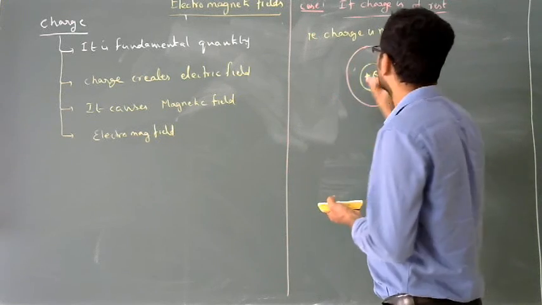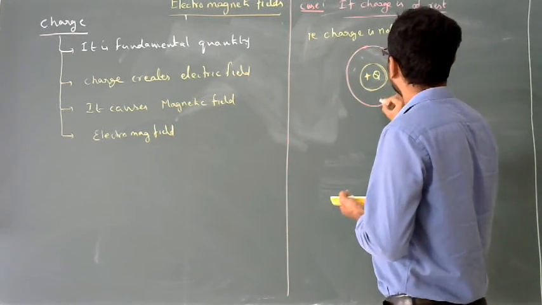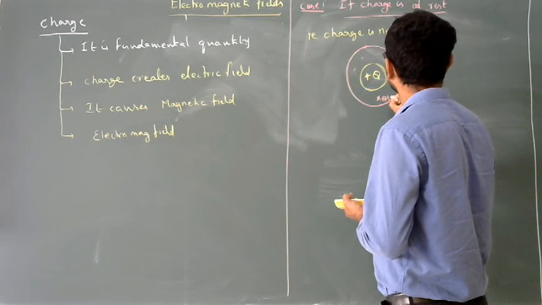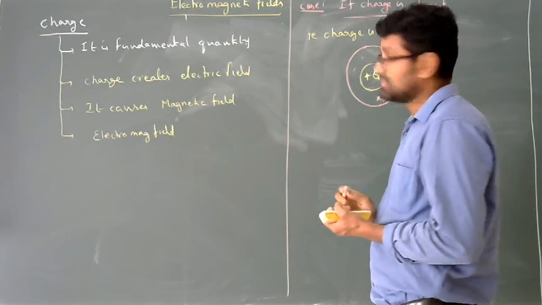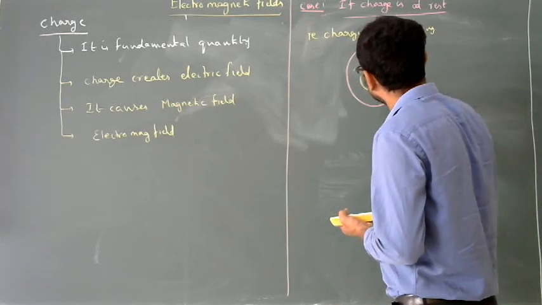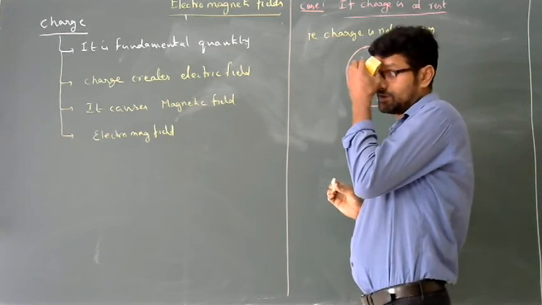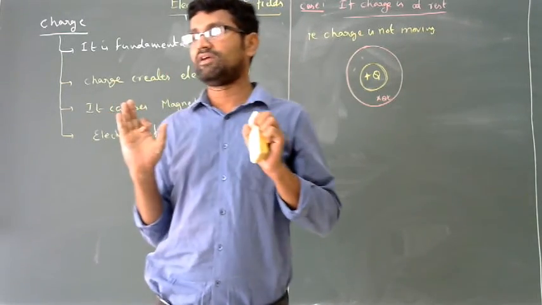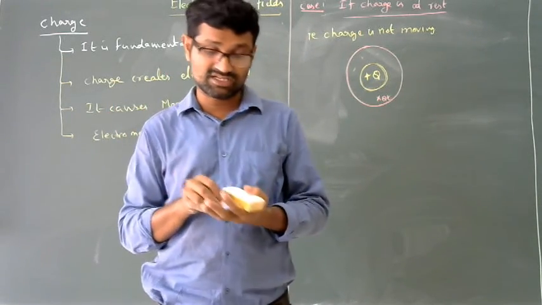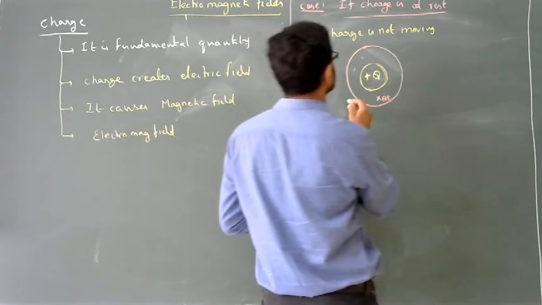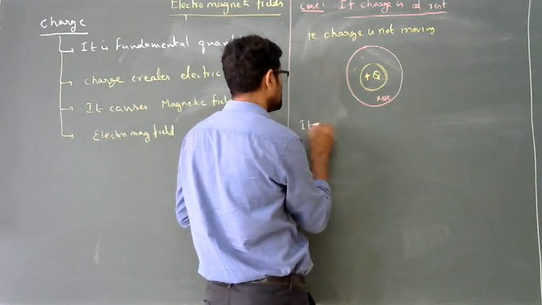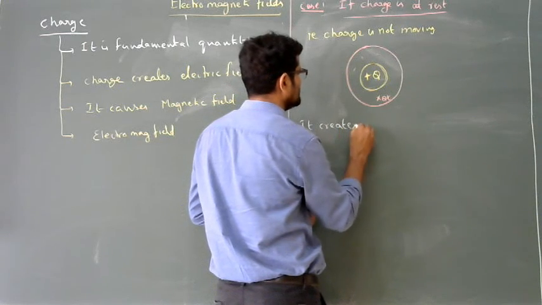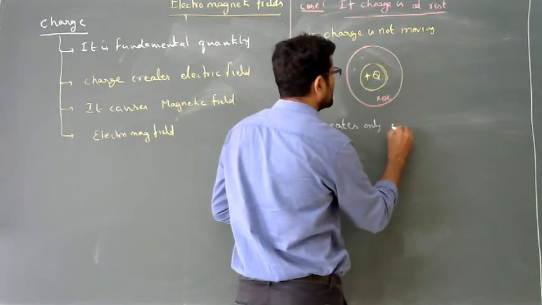At anywhere you take one test point, say the test charge QT. It means the charge effect is there up to this test point. If the charge is stationary, not moving, it creates only electric field.